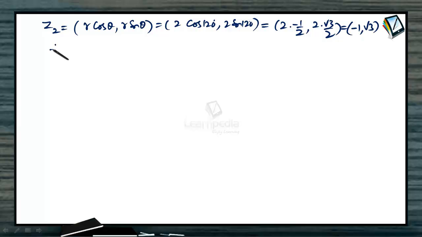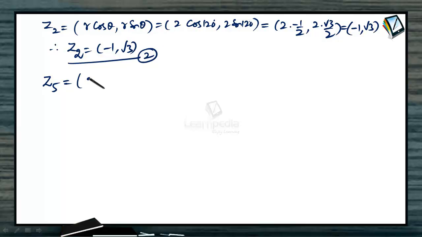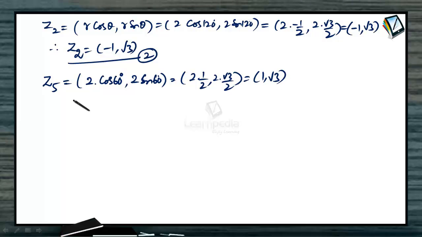So we have another vertex, Z2 equal to (-1, root 3), number 2. Next, to get Z5, observe from the diagram: r is 2 and the vectorial angle is 60 degrees. This gives 2 into 1/2 and 2 into root 3 by 2, which is (1, root 3). Therefore Z5 is (1, root 3), number 3.